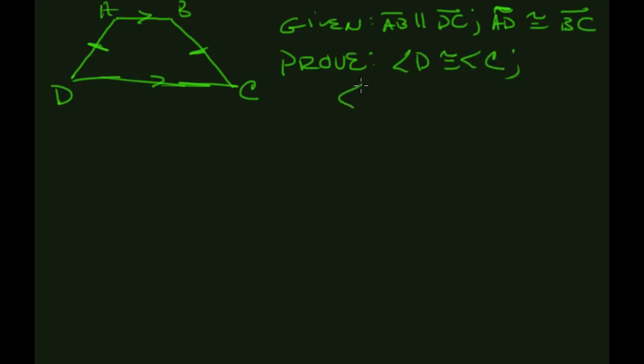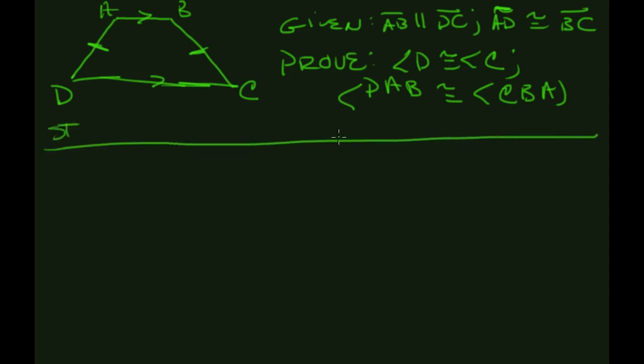And likewise, we're also going to prove that angle DAB is congruent to angle CBA. Now, it seems like overkill to call these things anything other than angle A and angle B, but in a minute you're going to see that we're going to do some constructing here, so we're going to need these more robust names. So if this is an isosceles trapezoid, the two bottom angles are congruent, and so are the two top angles.